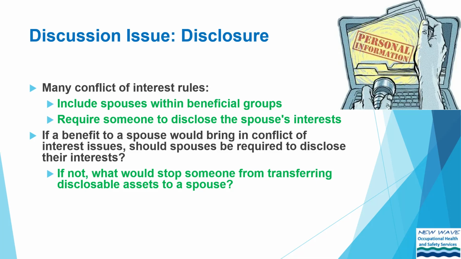If they're not so required, what would stop someone from simply transferring any disclosable assets to a spouse? But if they are disclosed, what about the spouse's right to privacy?